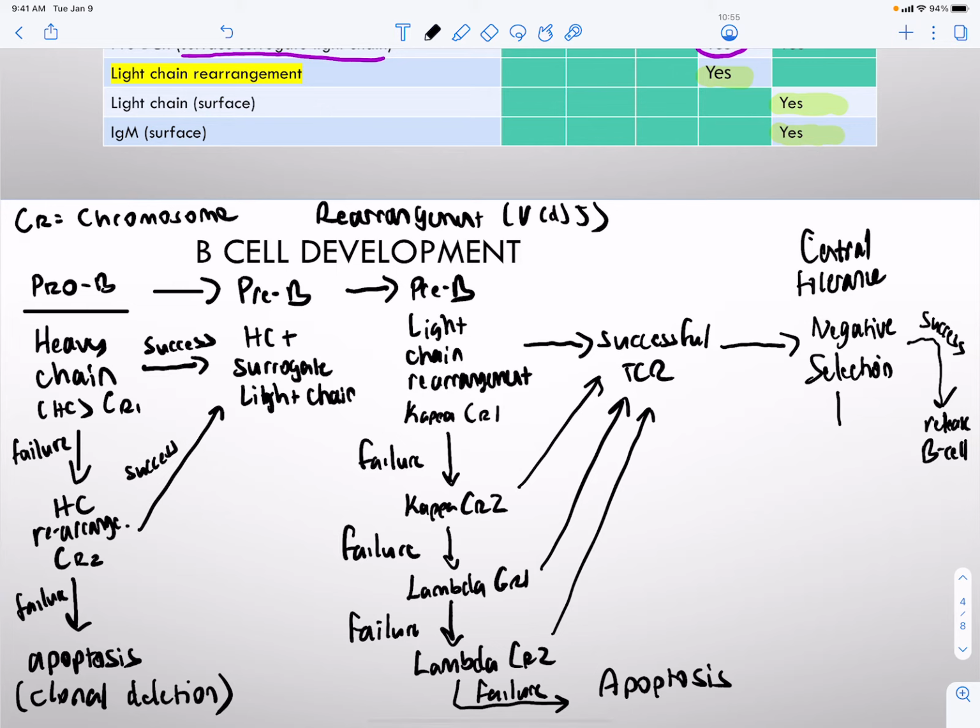If negative selection is a failure, your B cell is specific for an antigen in the bone marrow, then your B cell has the option to rearrange only the light chain. And so it will do a recheck.